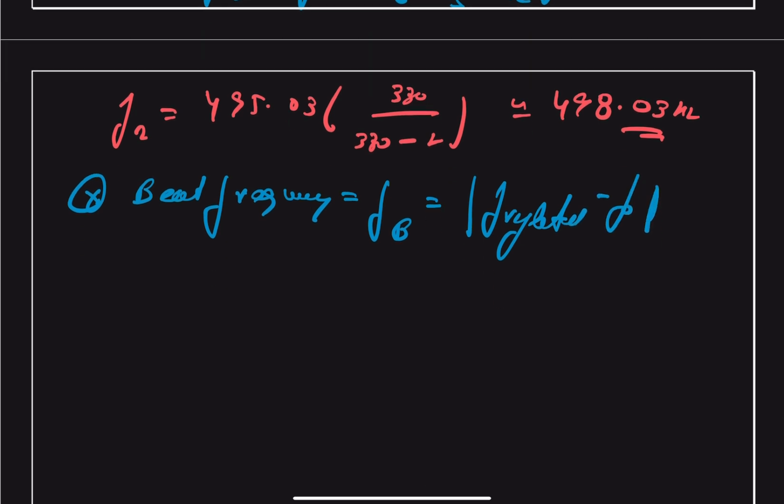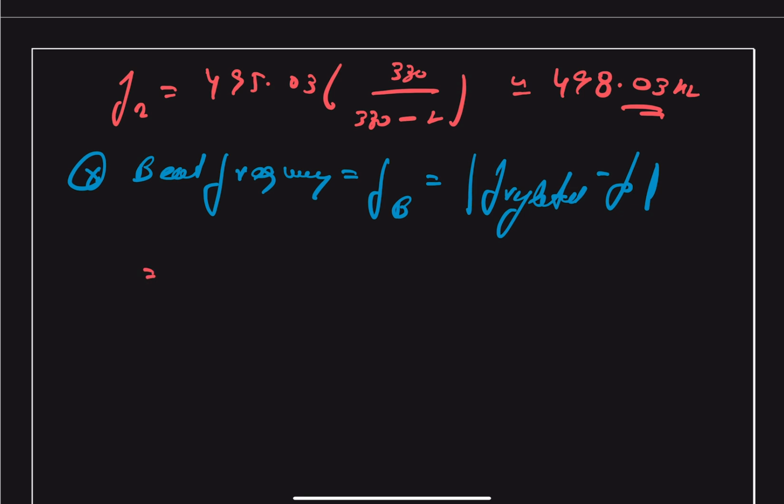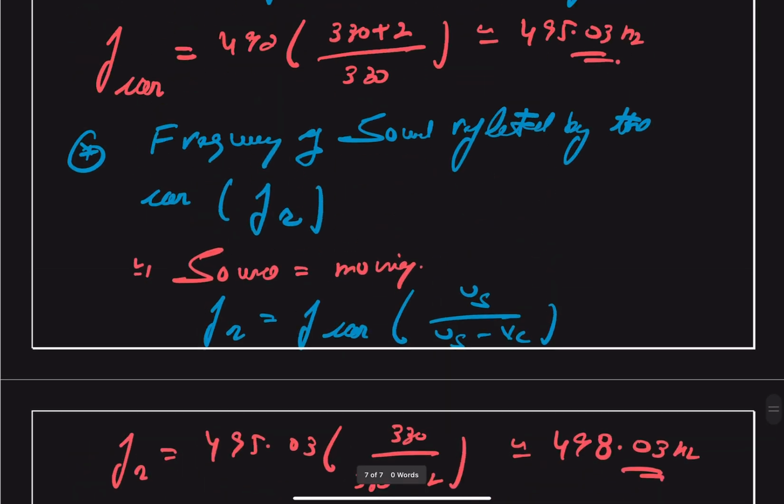We substitute the values. F reflected is our 498.03, and this we have 492, and this can be approximately written as 6 Hertz. So this is our beat frequency.